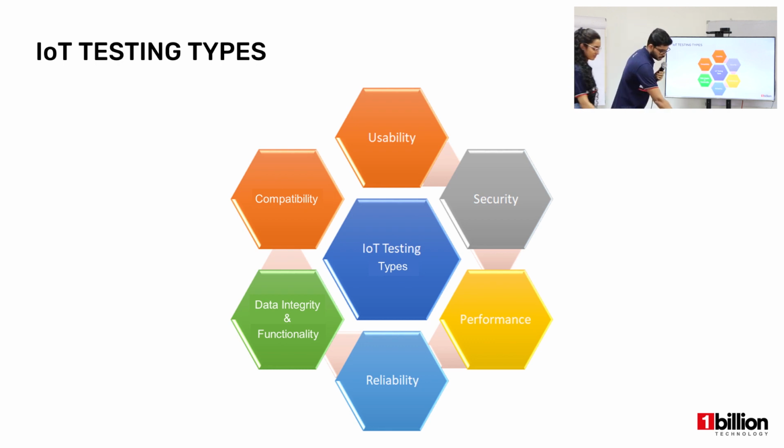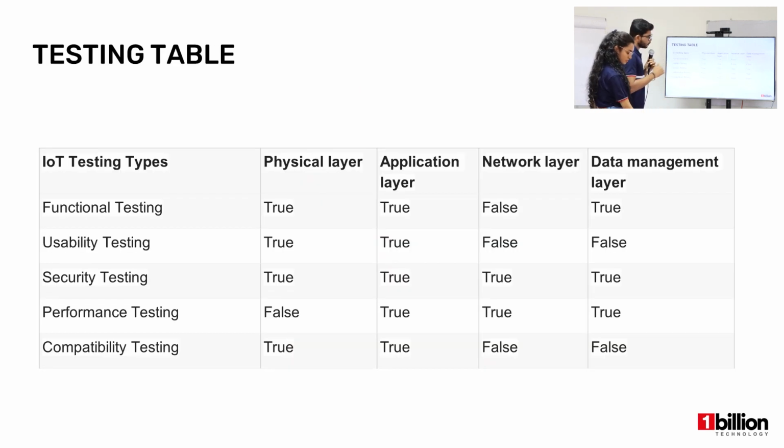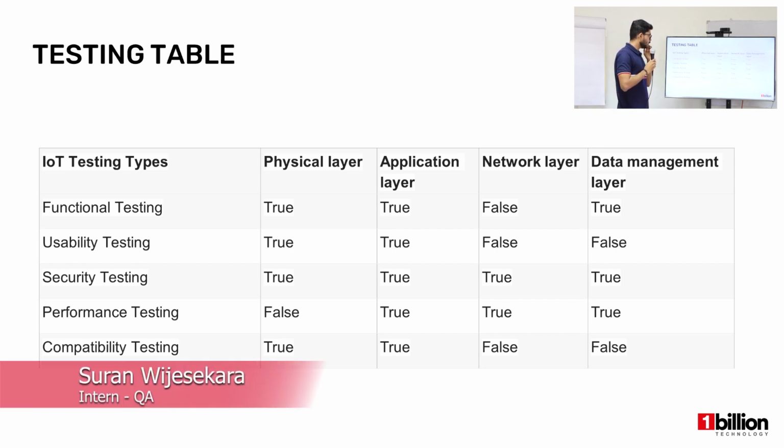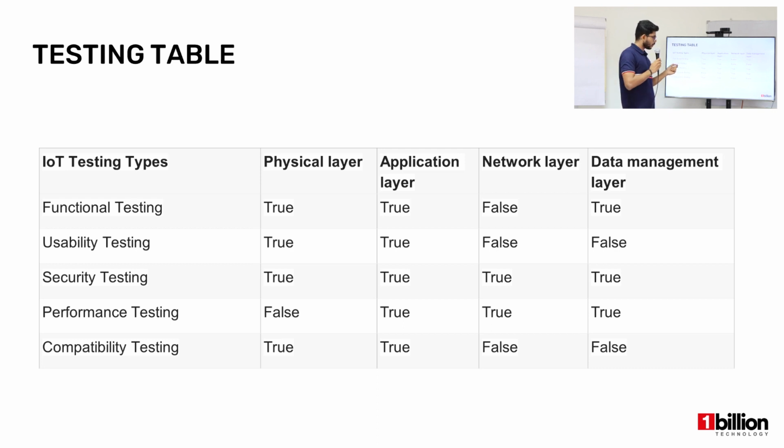So with that, we are moving to this table, which mentions the applicability of those IoT testing types to the layers of the IoT system. You can see that functional testing is applicable in the physical layer, network layer, and data management layer.